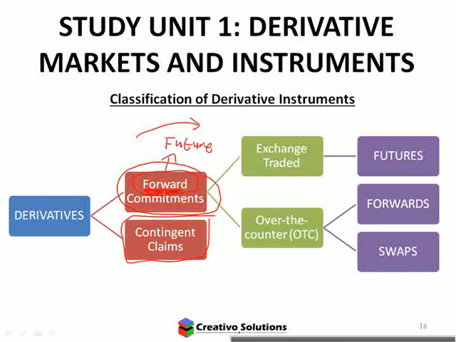That's hearsay. That's just something that they've said. We need some commitment. So the bank needs to put something on paper to say, I believe that the price of gold is going to be X in the future. So what are they going to do? They're going to commit something. They need to create a commitment. And that's the contract that will be either exchange traded or over the counter.